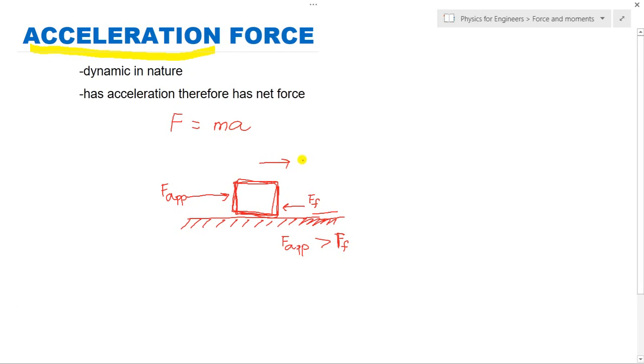Maybe it will accelerate in this direction, or maybe in this direction. So what do you think, class? What direction does our acceleration point to, to the right or to the left? By your intuition, where? Possibly to the right. How about the others? To the left or to the right?